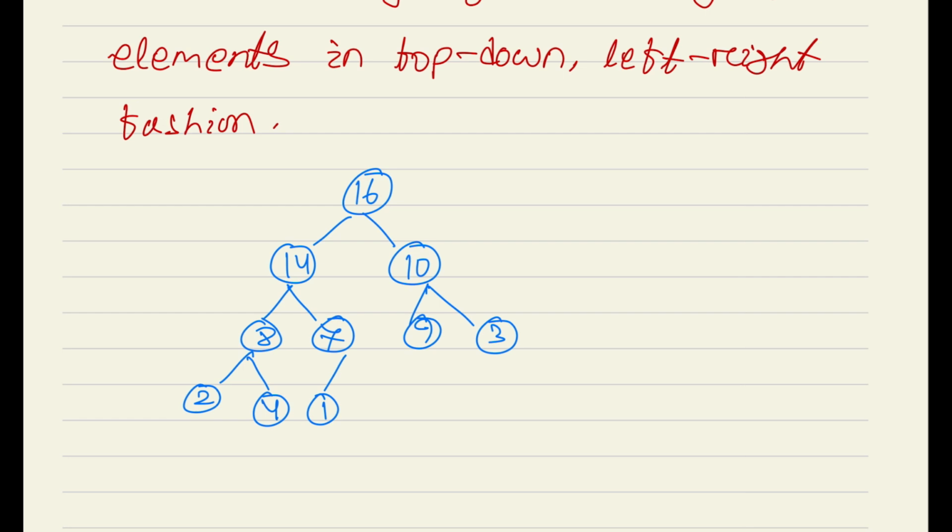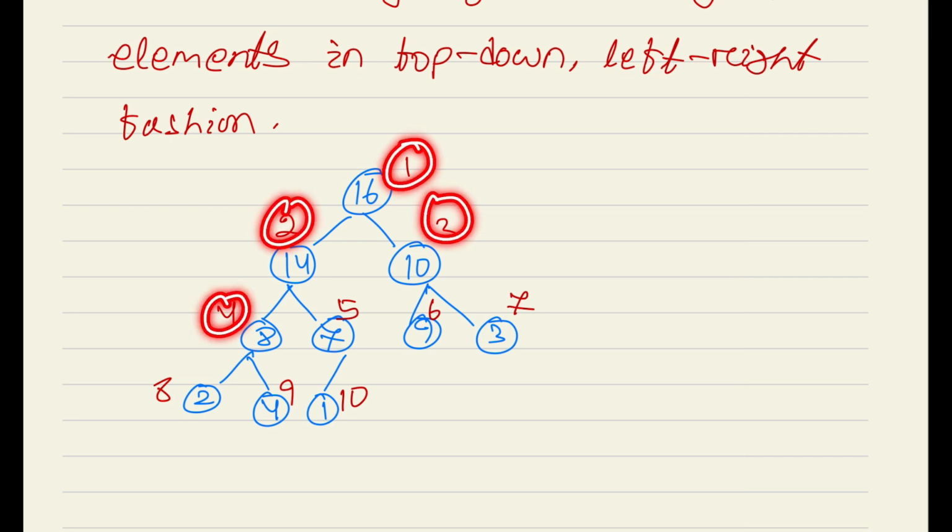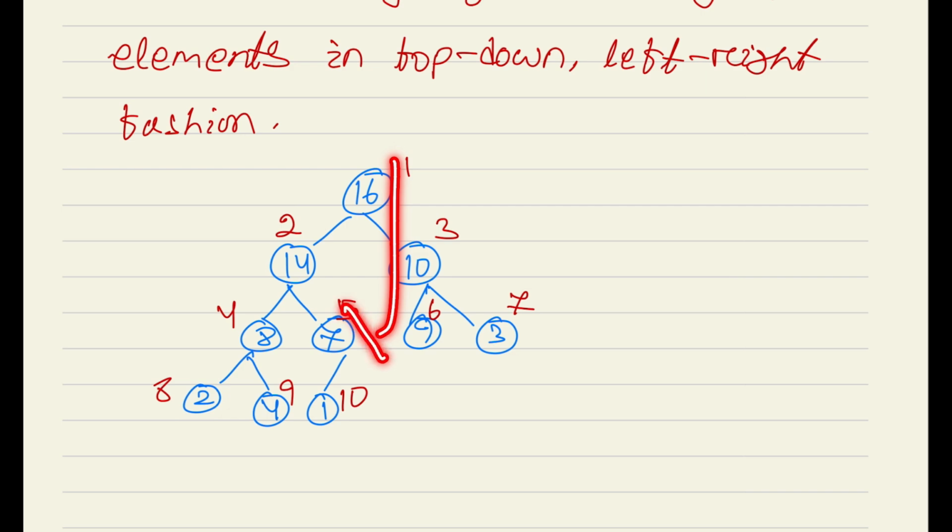So how can we represent this as an array? Here you can mark its index in an array as 1, then top to down and left to right. So this is 2, this is 3, 4, 5, 6, 7, 8, 9, 10. These numbers are in top to down and left to right fashion, and these are nothing but the array indexes.